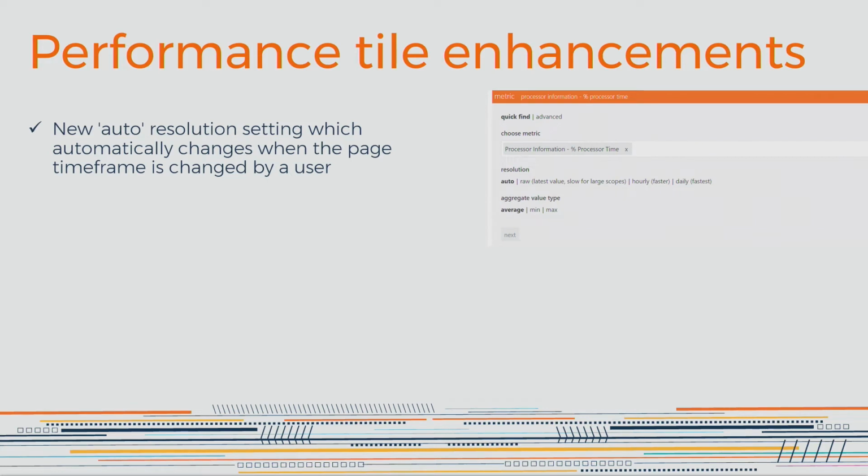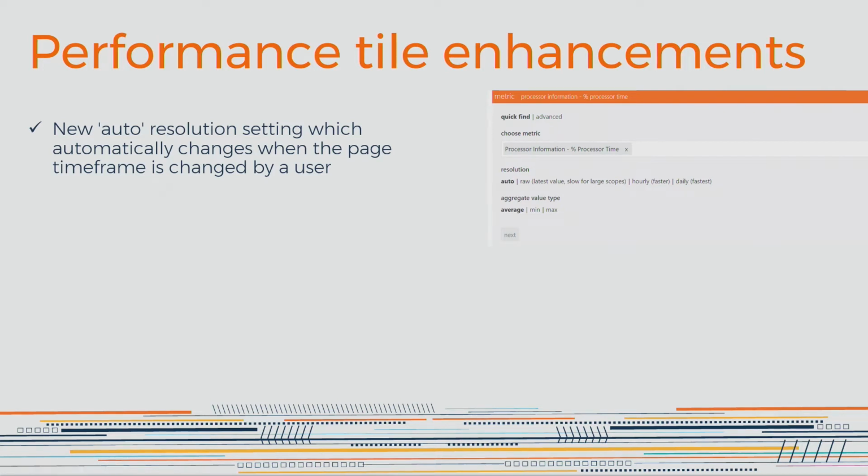When you choose a metric, you can now choose a new resolution type, which is automatic. This change is not only in the new performance report tile, but we've put this into the current single metric performance tiles as well, so that you can benefit from this even on tiles you've already made. What this does is choose an appropriate resolution based on the time frame.